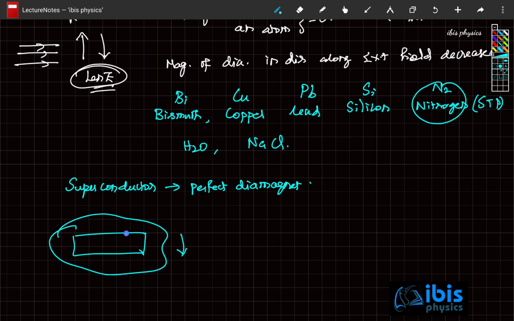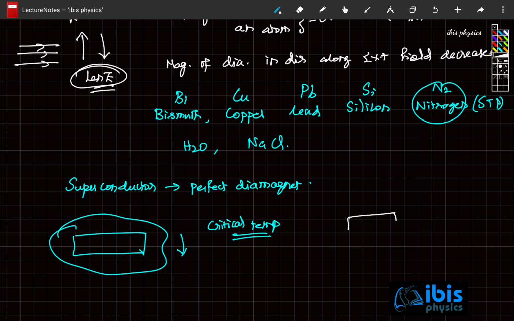At one temperature, this normal conductor becomes a superconductor. That temperature is called the critical temperature. A superconductor is a perfect diamagnet.